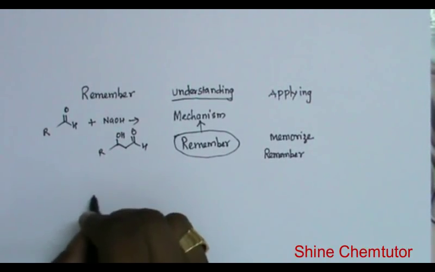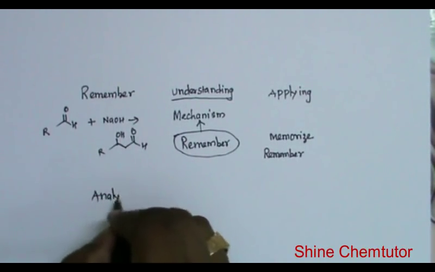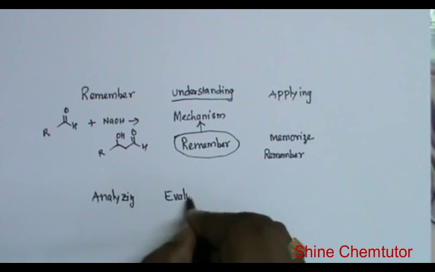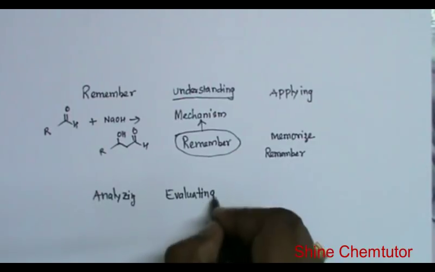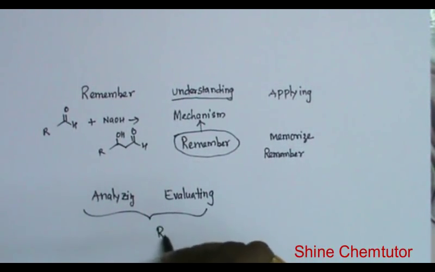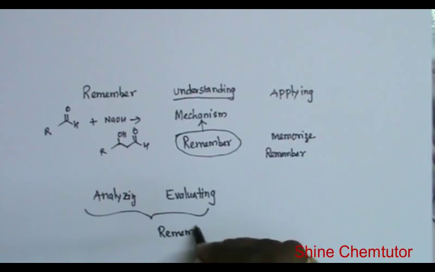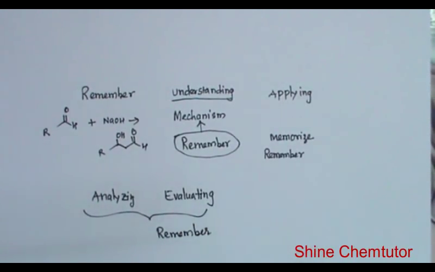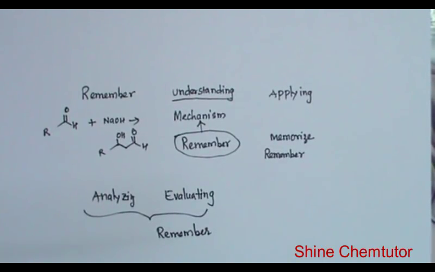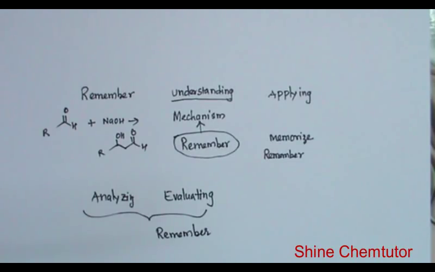The next one, analyzing and evaluating. They don't go for this. Once again, they try to remember. According to the students, there is no understanding, no applying, no analyzing, nothing. The only thing is they have to memorize, they have to study, they have to remember that.